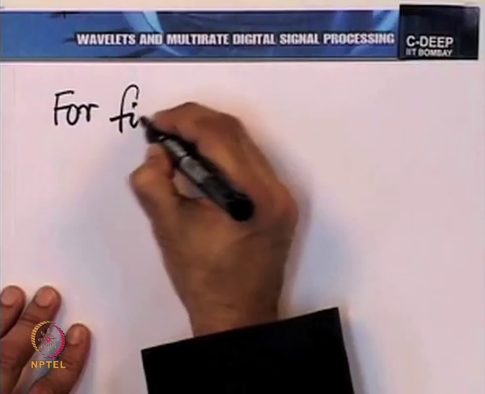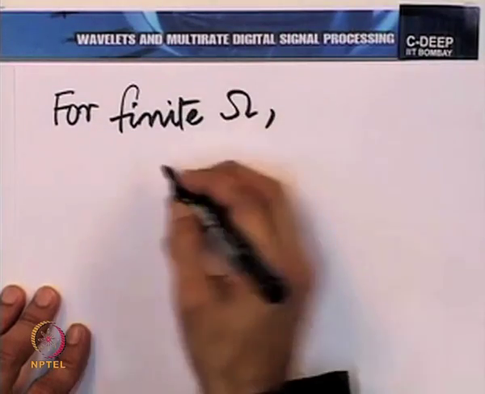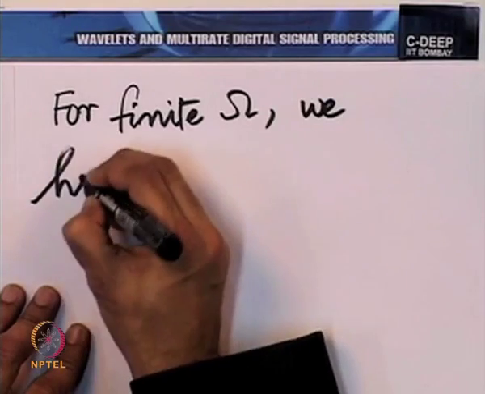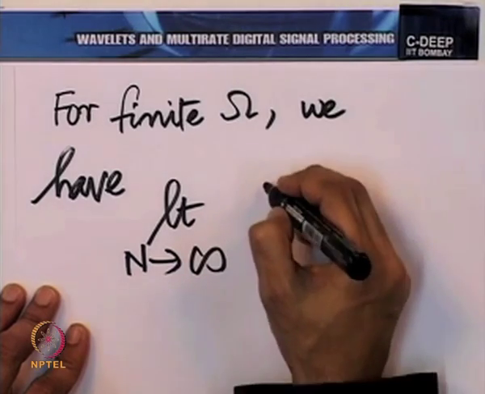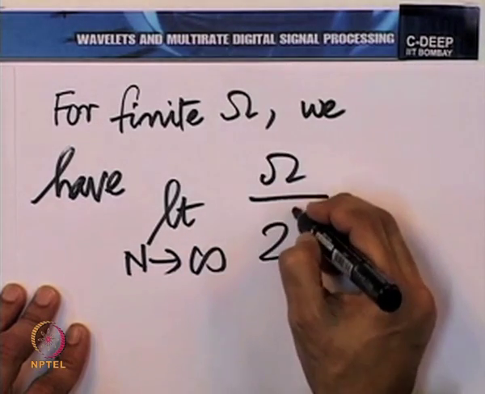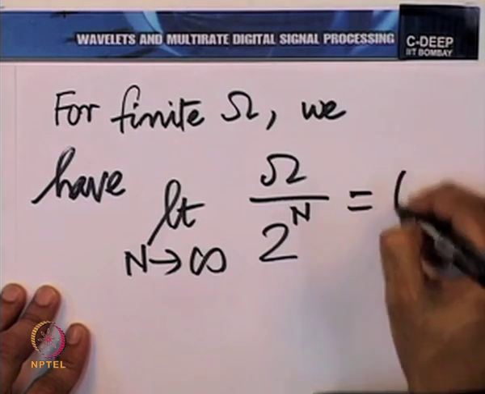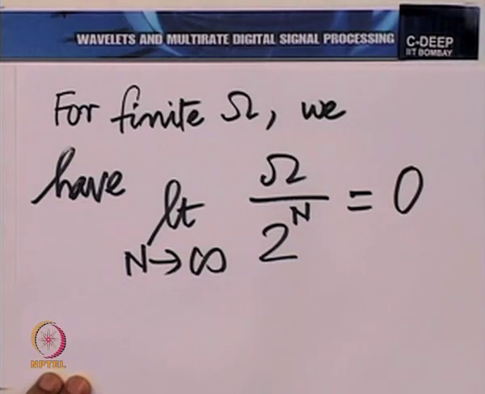For finite capital omega, we have the limit as capital N tends to positive infinity of capital omega divided by 2 raised to the power of N equal to 0. So, therefore, at least on the finite frequency axis, the left hand side is equal to the right hand side, and the right hand side has essentially the Fourier transform evaluated at the point 0. So, what do we have here? Let me write that down mathematically.